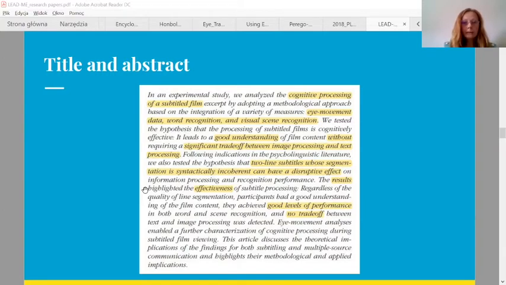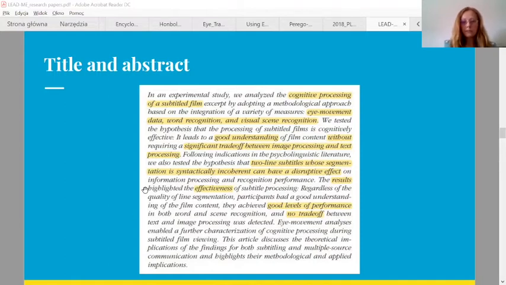And regardless of the quality of line segmentation, participants had a good understanding of the film, right? They achieved good levels of performance, and no trade-off was noted, right? So basically, they confirmed this hypothesis about the effectiveness of cognitive processing in subtitles.